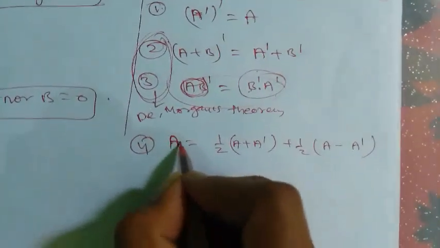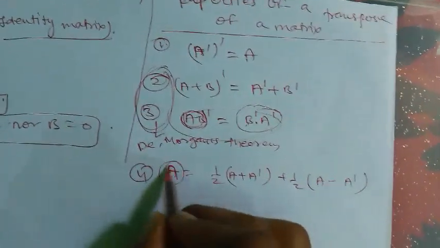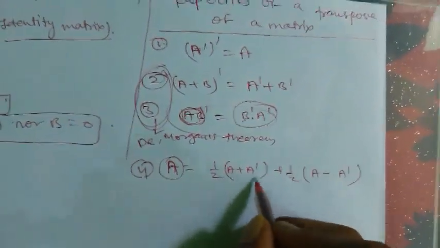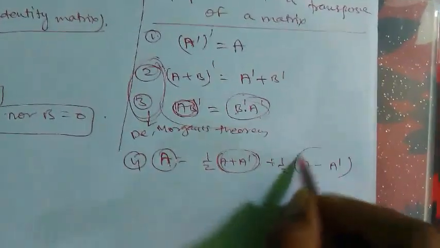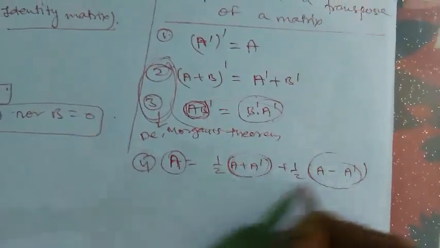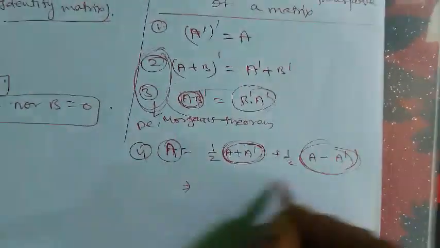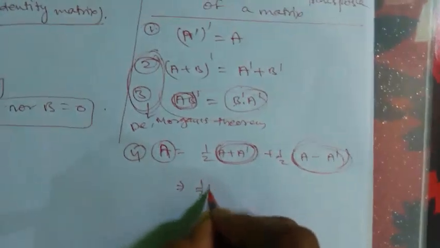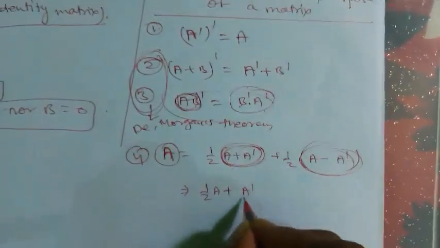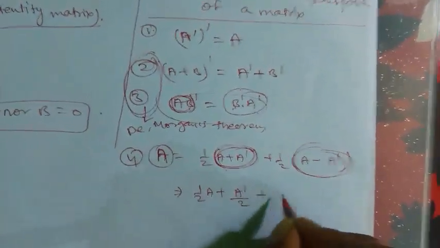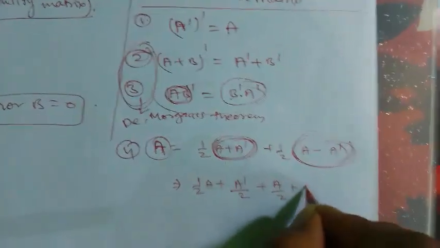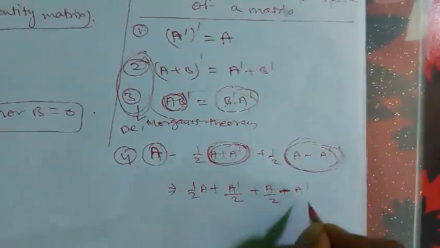If we break this equation, we find half of A plus A transpose upon 2, plus half of A minus A transpose upon 2.